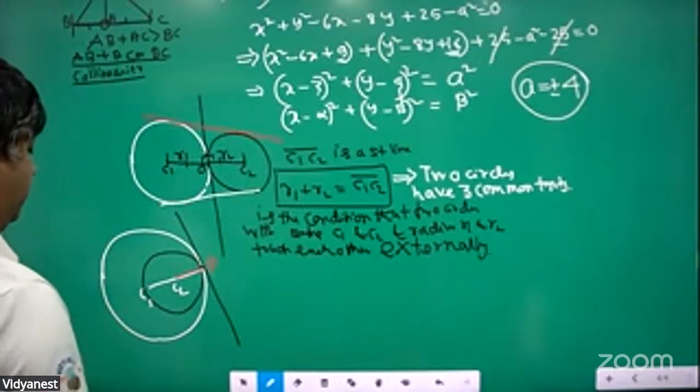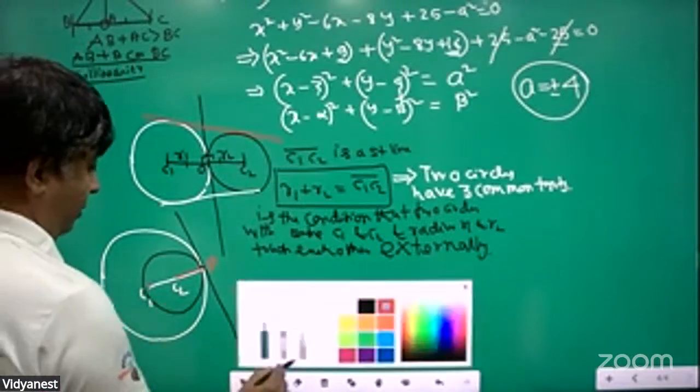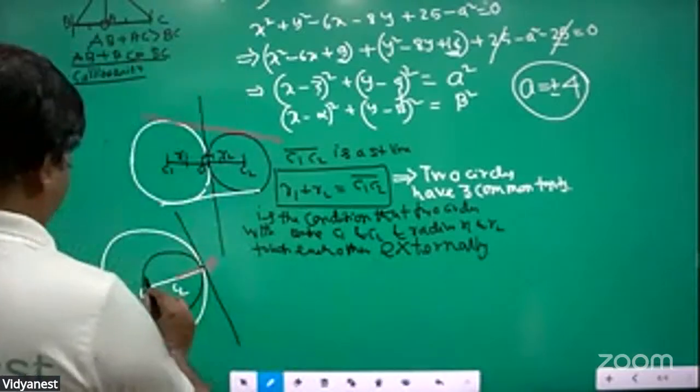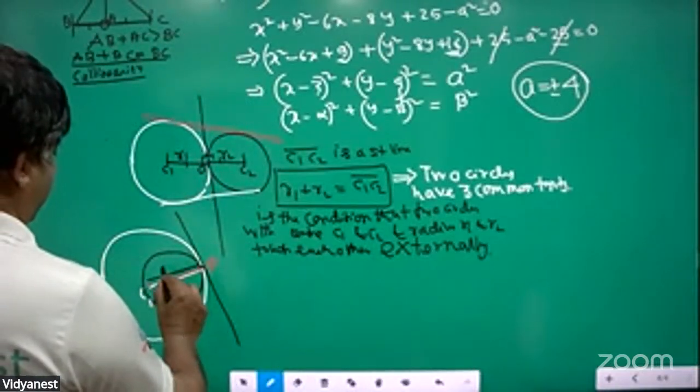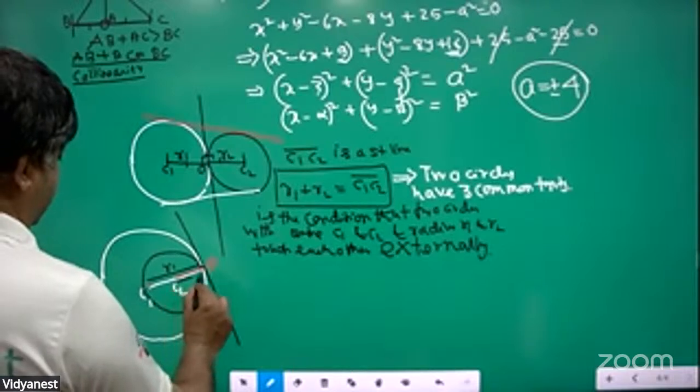Now, this part is radius R1, this part R2.